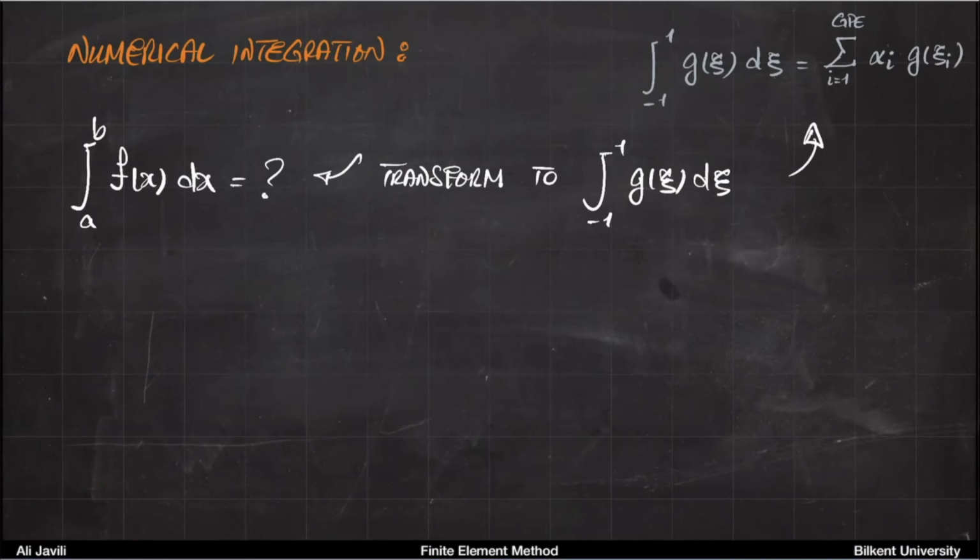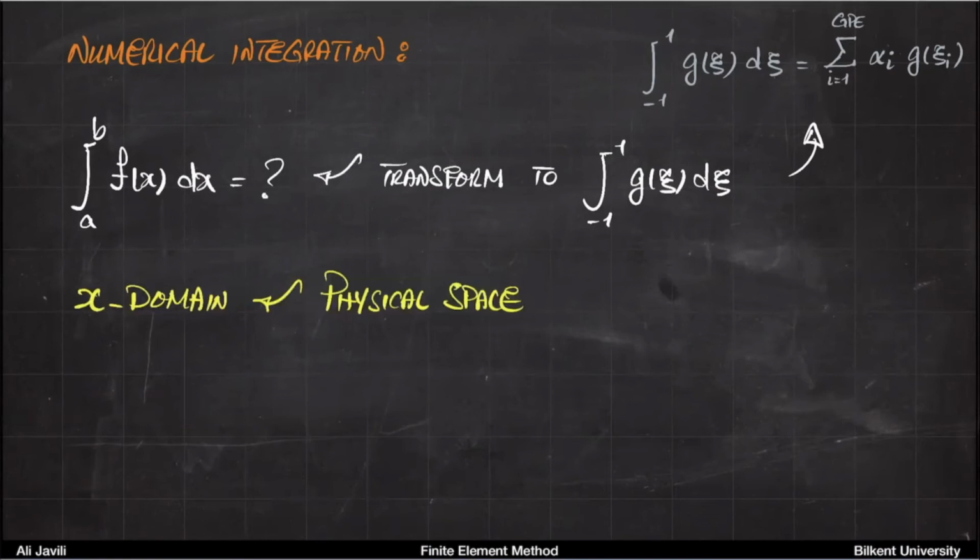Okay, so from now on, we call this the X domain. We call the X domain physical space. This is the real domain, where our dimensions are. And then that Xi domain, you call it natural space.